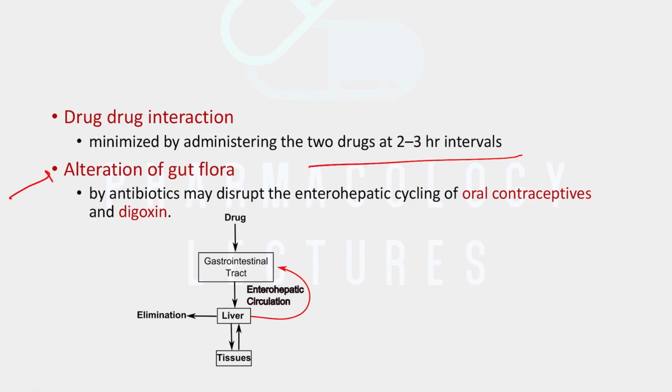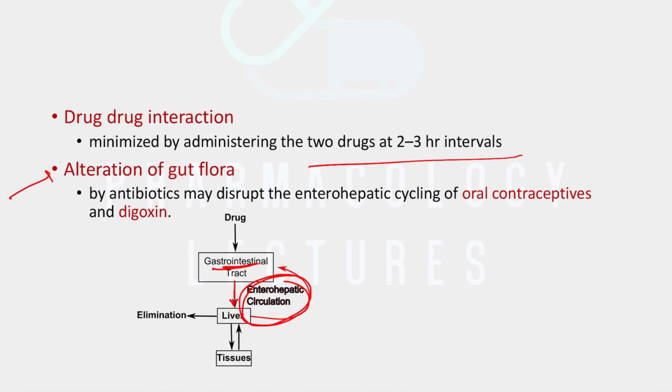In the gastrointestinal tract, one more important thing going on is enterohepatic circulation. Now what is enterohepatic circulation? A few drugs go into the gastrointestinal tract. From the gastrointestinal tract, they get absorbed through the portal circulation to the liver.